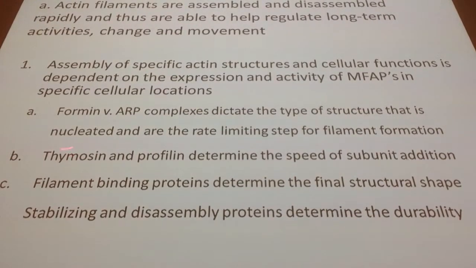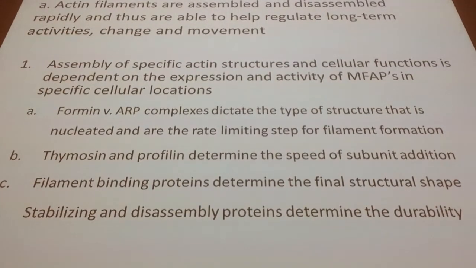Nucleation is the same thing as the initiation of microfilament assembly. Okay, I'm going to go through the next 20 or 30 slides as slowly as you want me. I want you to understand all of this.